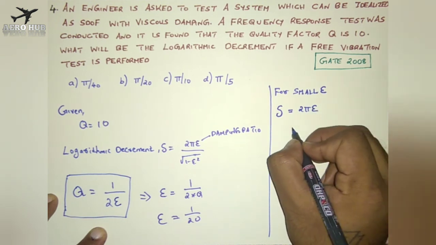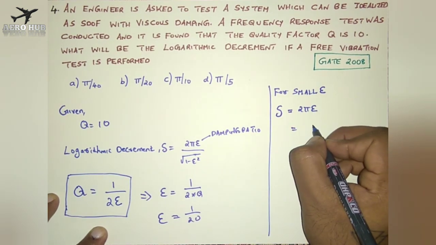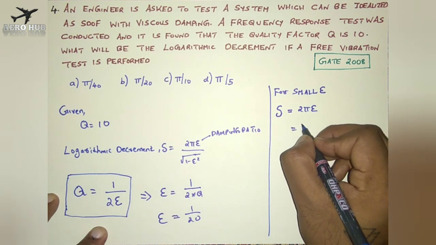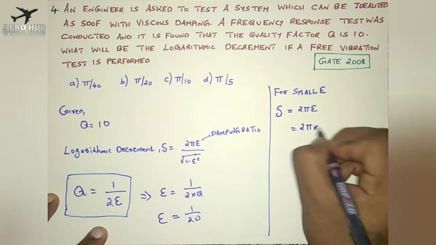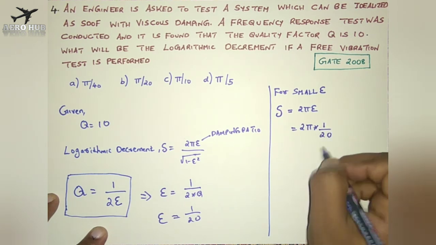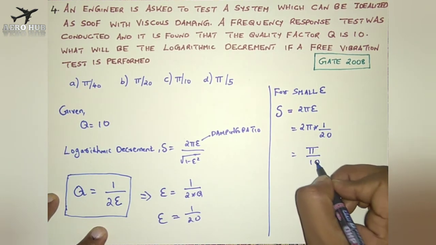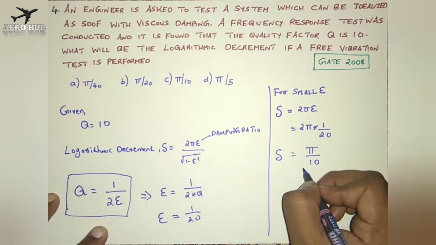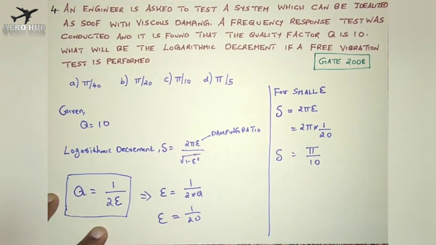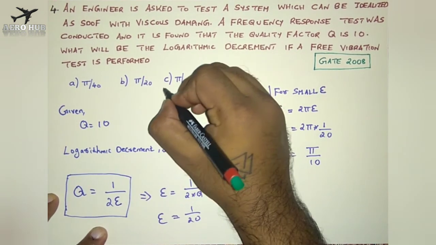With epsilon as 1 by 20, it will be 2 pi into 1 by 20, so pi by 10. So I got the answer as pi by 10, which is option C.